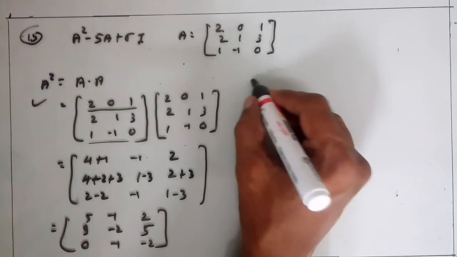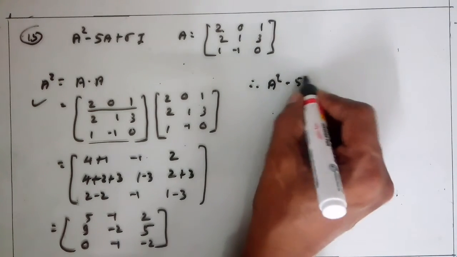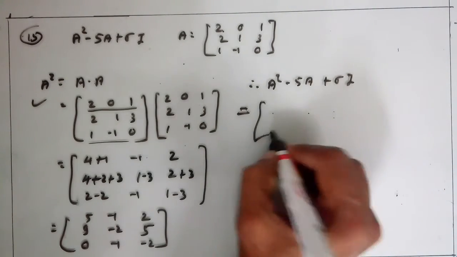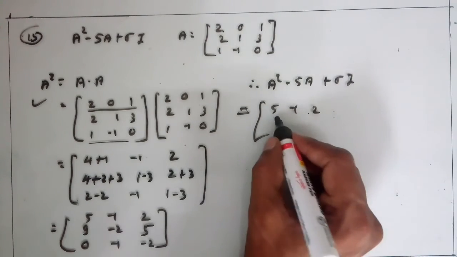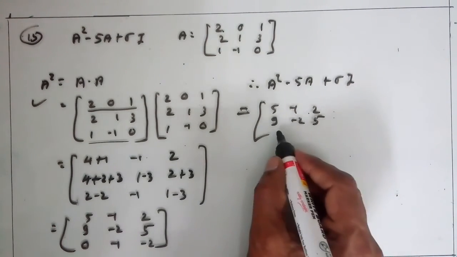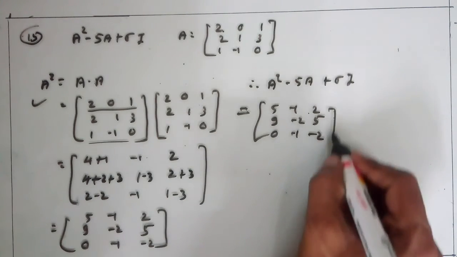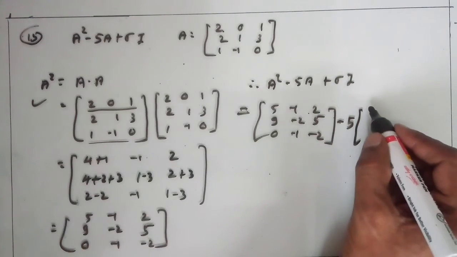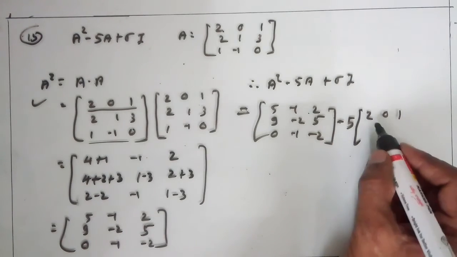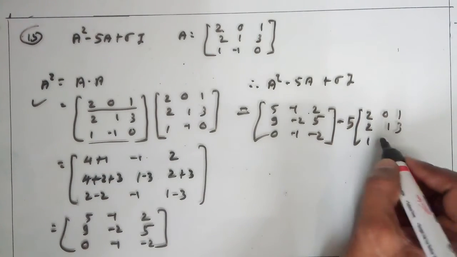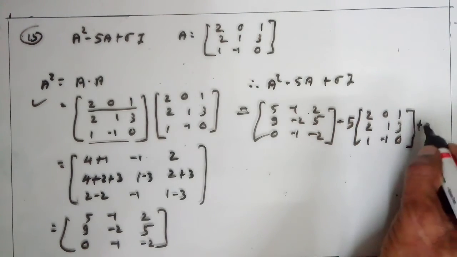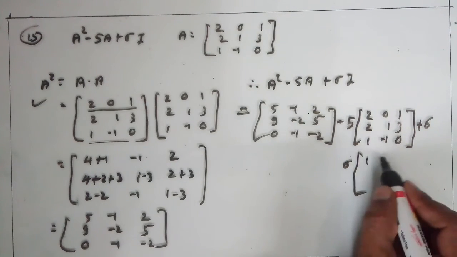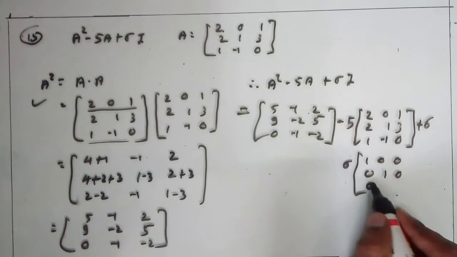plus 6I. Therefore X square minus 5A plus 6 into I is equal to, here X square is [5 -1 2; 9 -2 5; 0 -1 -2], plus minus 5 into A. A is the matrix [2 0 1; 2 1 3; 1 -1 0], plus 6 into the identity matrix [1 0 0; 0 1 0; 0 0 1].